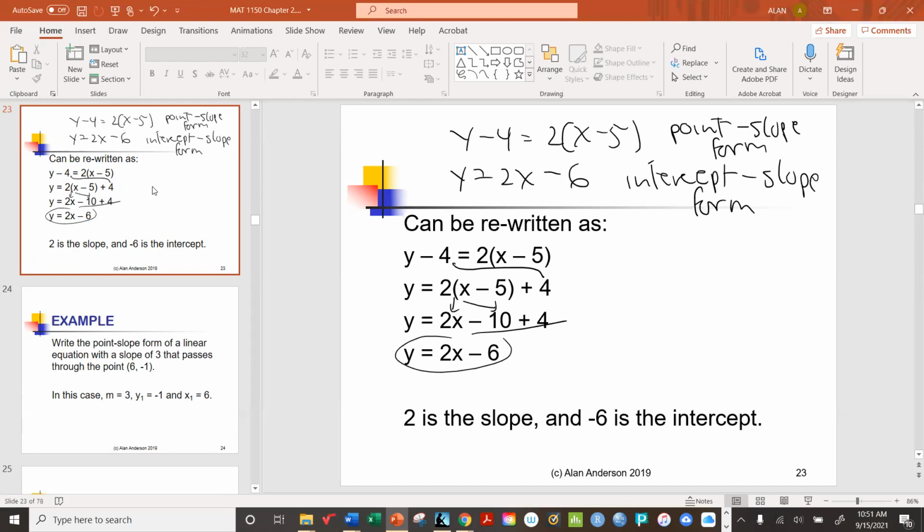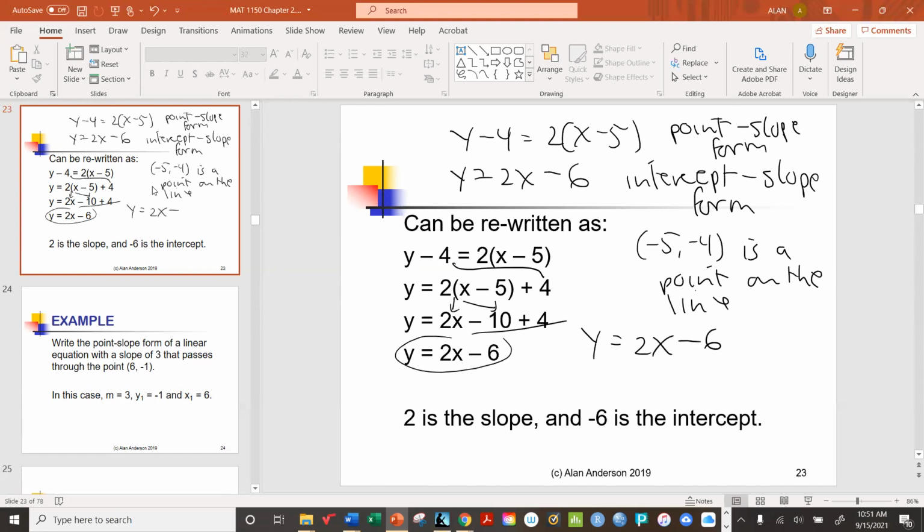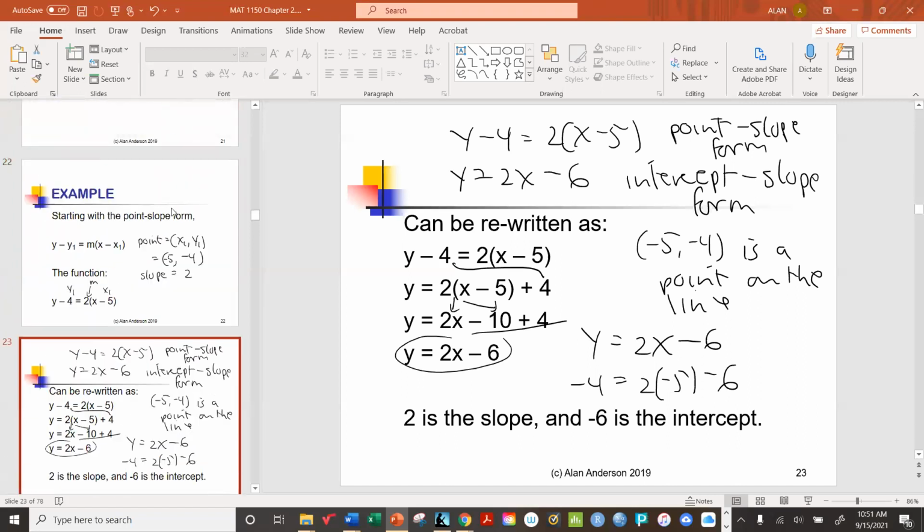And if you picked a point at random, remember, we claimed that the first one is telling us that the point -5, -4 is a point on the line. What we can do is demonstrate that by plugging that into 2x minus 6. Oh, wait a minute. I just realized it's not. All right, hold on.